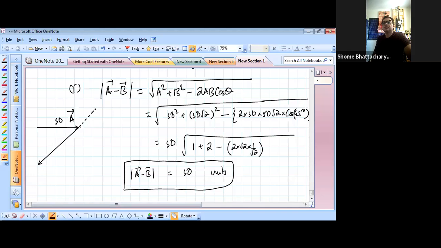The angle theta between A and B is 45 degrees. So this angle here is 45 degrees, and minus B has a magnitude of 50. So the difference of A and B will become this vector here.